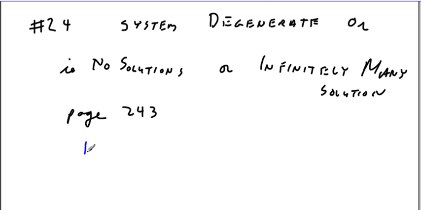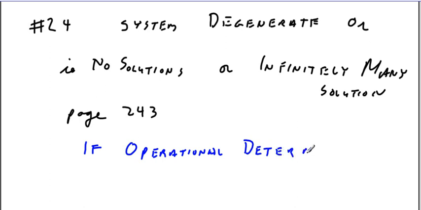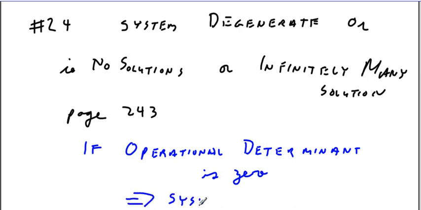It says if the operational determinant is 0, that implies the system is degenerate.